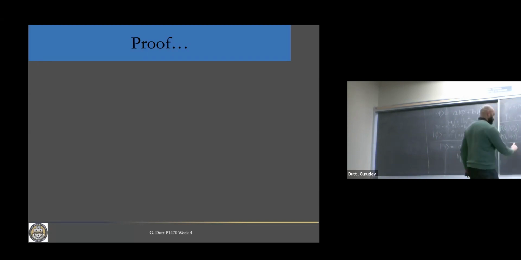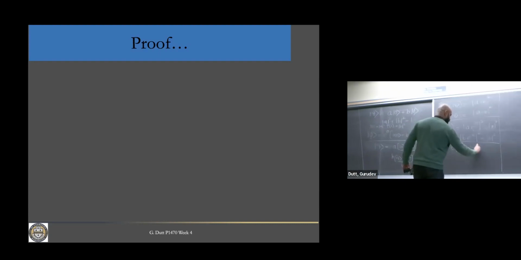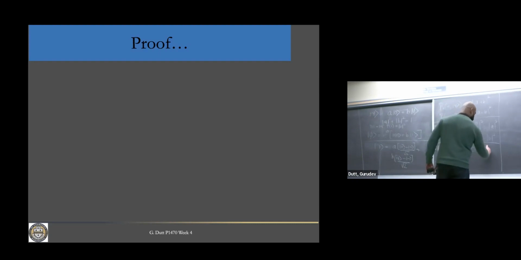So the state phi, now I'm going to rewrite it in the plus and minus basis. So I put e to the I theta times now the same thing, A times plus plus minus divided by root 2, plus B times plus minus divided by root 2.